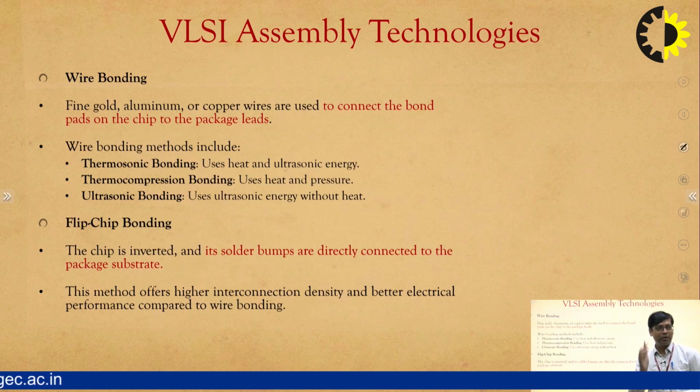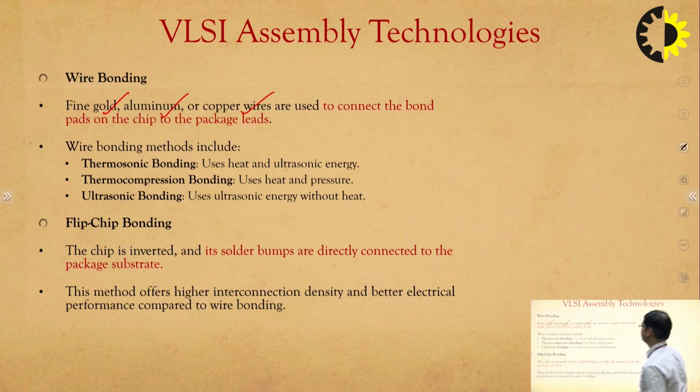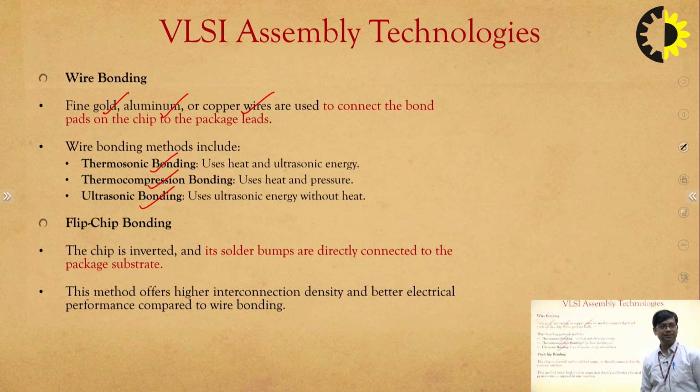Next is wire bonding. For wire bonding, we are using either gold, aluminum or copper wires. And wire bonding methods include thermosonic bonding, thermocompression bonding and ultrasonic bonding. These are the main bonding techniques.